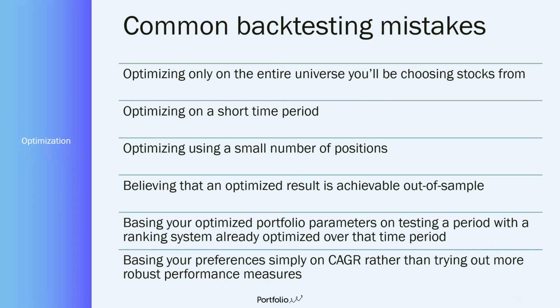But what James O'Shaughnessy does is he divides his time periods into discrete periods and never backtests on the entire thing. Just like I don't backtest on my entire universe, he doesn't backtest on his entire time period, and he averages the results from discrete time periods. So there are various ways to deal with that.